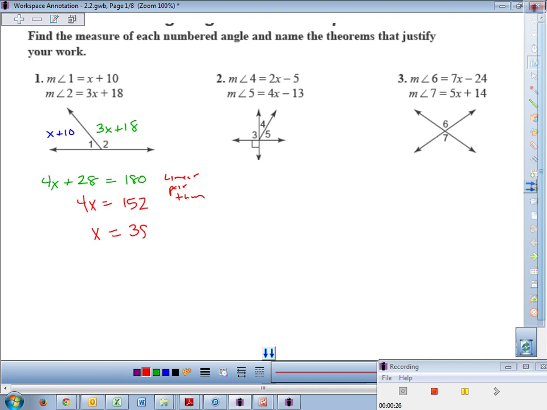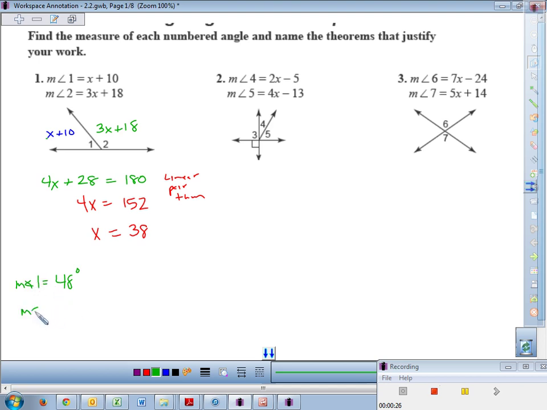Let's substitute 38 back in for x. We can do that mentally. What's 38 plus 10? So the measure of angle 1 equals 48 degrees.